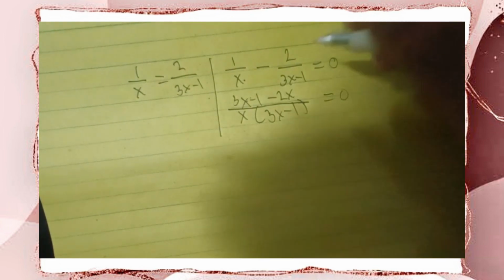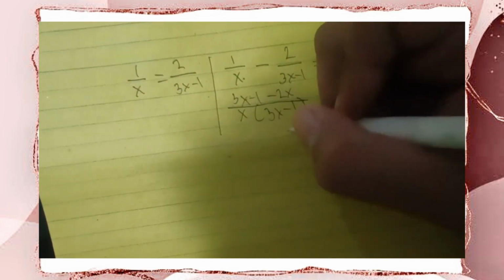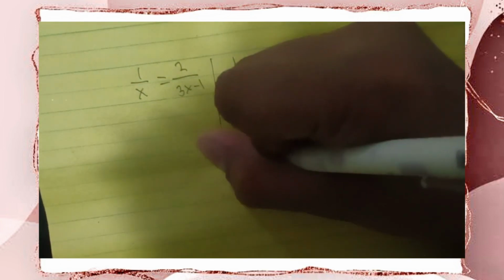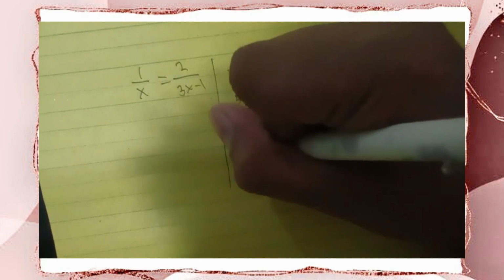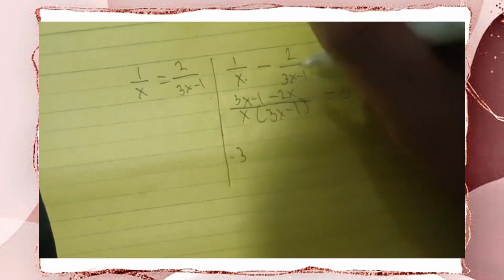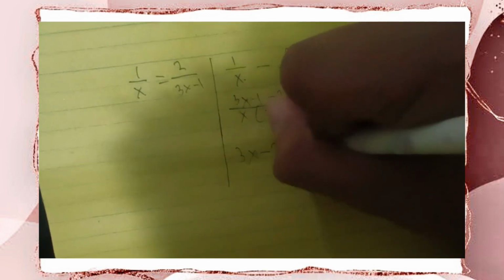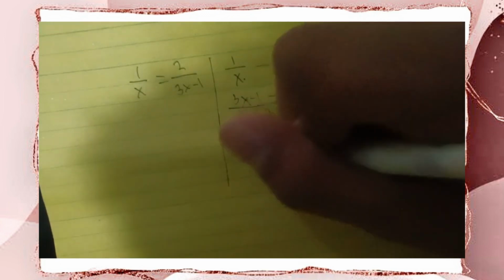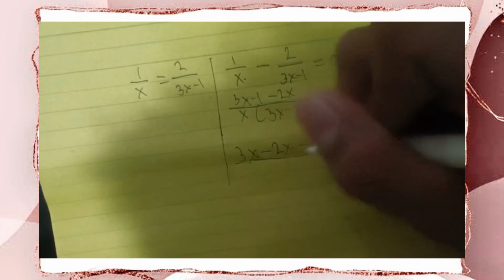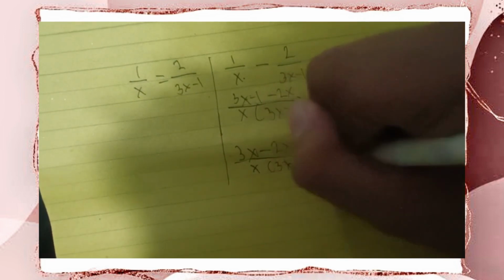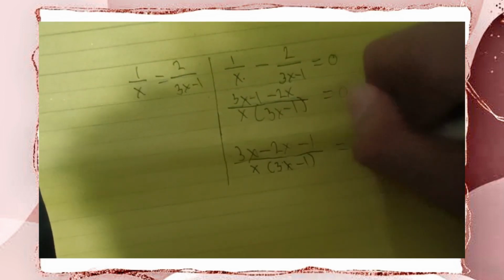After that, we're going to simplify it. What we're going to do is 3x minus 2x minus 1. And let's just copy the denominator, which is x times 3x minus 1, is equal to 0.